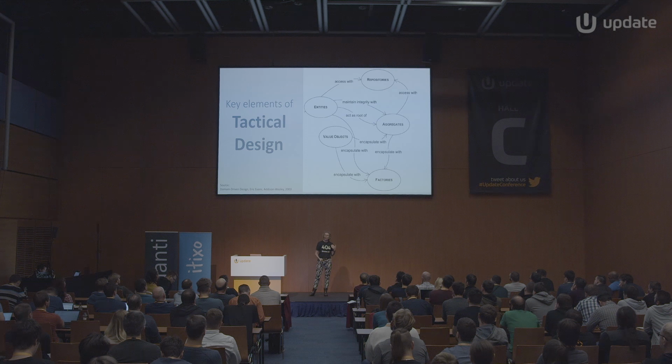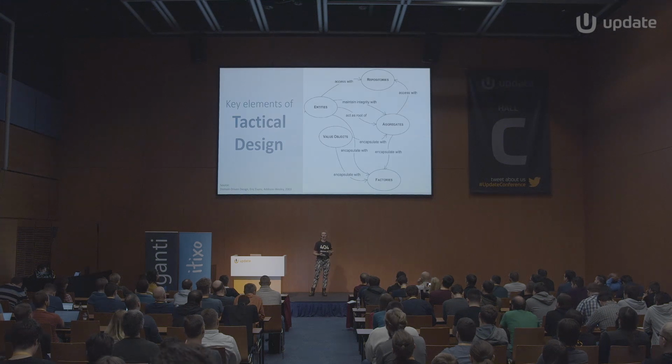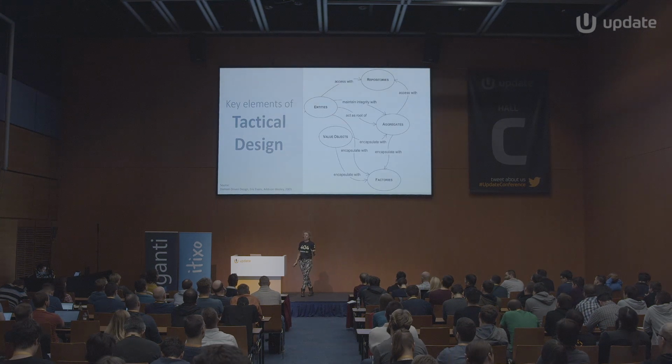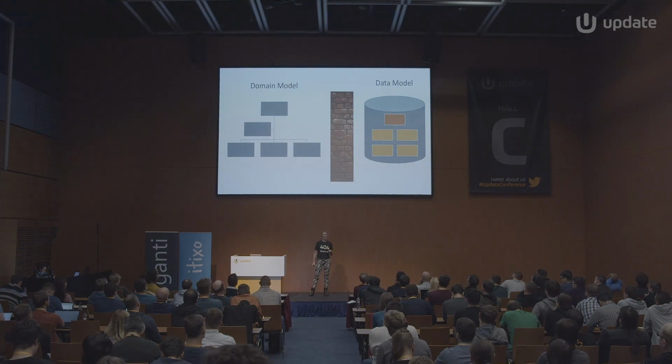But we also have value objects, we've got aggregates, which are graphs of data that belong together, transactional. And what I want to do is look at some of the patterns that we use when we're designing using the tactical design and see how Entity Framework Core helps us map those things directly through to our database, especially to a relational database, because that's what I know the ORM is for.